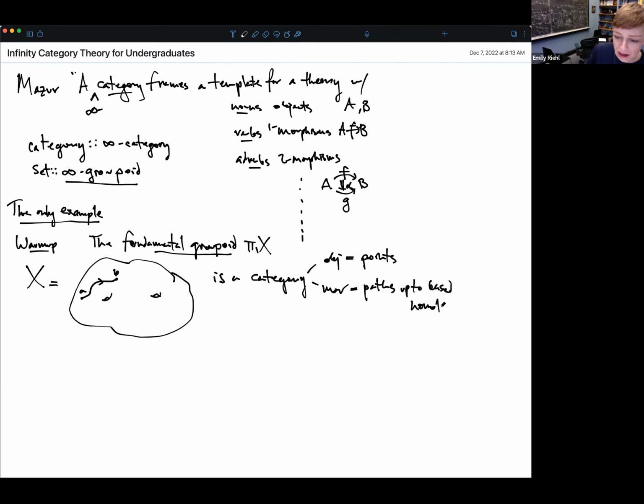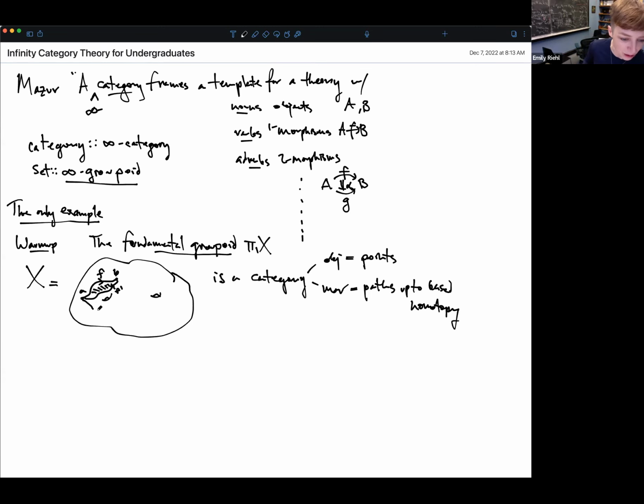So what I've drawn in my picture is a path F, a particular continuous mapping, which starts at the point A and ends at the point B. If I had any other path, say this F prime, for which there exists a two-dimensional path, a path between paths, or homotopy, that is constant at the endpoints between them, so that's some continuous mapping from a disk that fills in the circle that I just constructed, then these two paths will represent the same morphism in the fundamental groupoid.